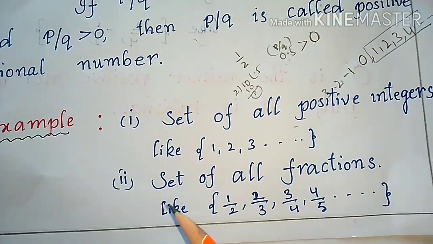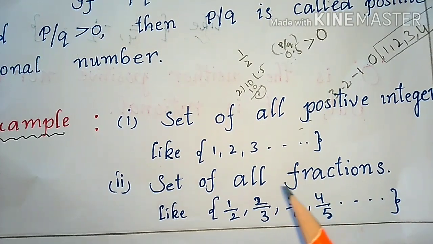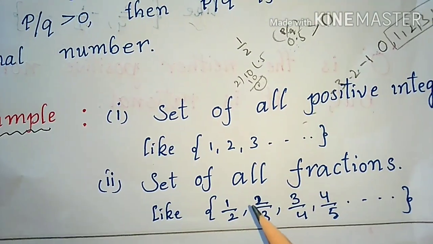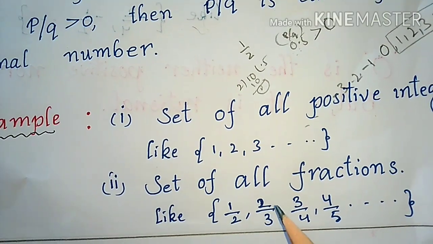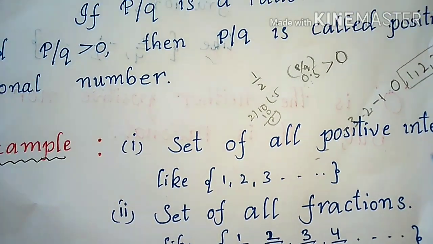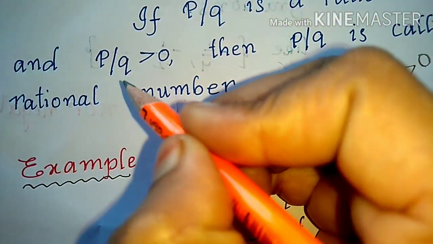Next, the set of all fractions. Fractions are in p by q form, like 1 by 2, 2 by 3, 3 by 4, 4 by 4 and so on. Here p by q is greater than 0. Substitute 1 by 2, which is a p by q form.